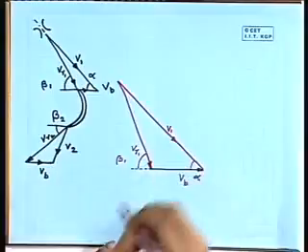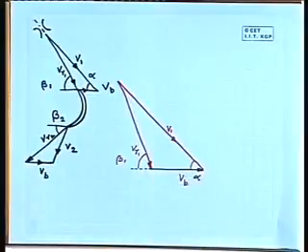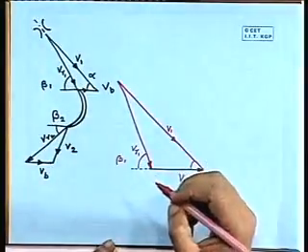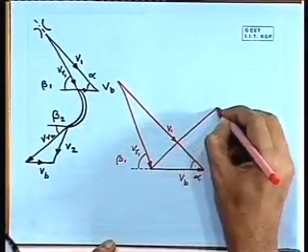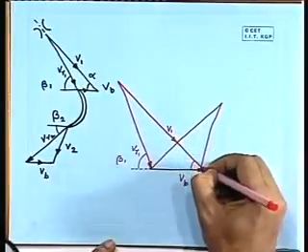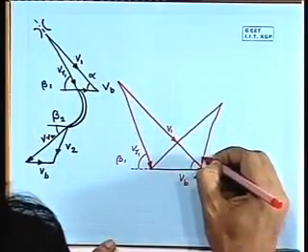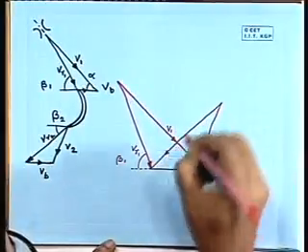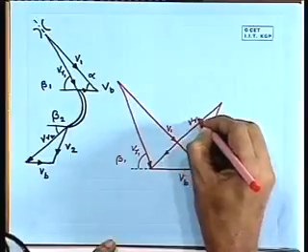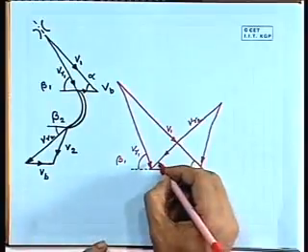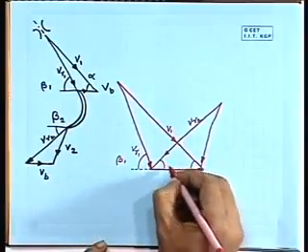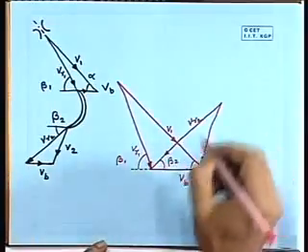Then we can draw the other velocity triangle, that means the exit velocity triangle. So, we will have something like this. This is VR2, the relative velocity at the exit. This angle is beta 2.